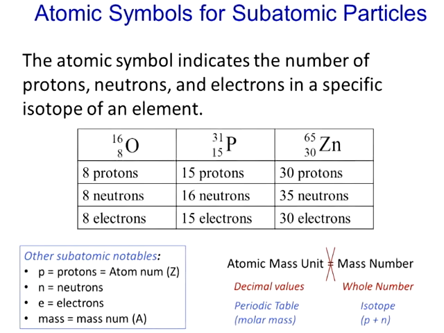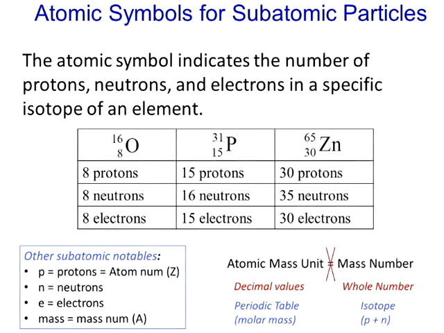These are some more examples. Oxygen is 8, which is the atomic number, which means it has 8 protons. And since it's neutral, it has 8 electrons. All neutral atoms, all neutral elements, have the same number of protons and electrons. That's why it's neutral.